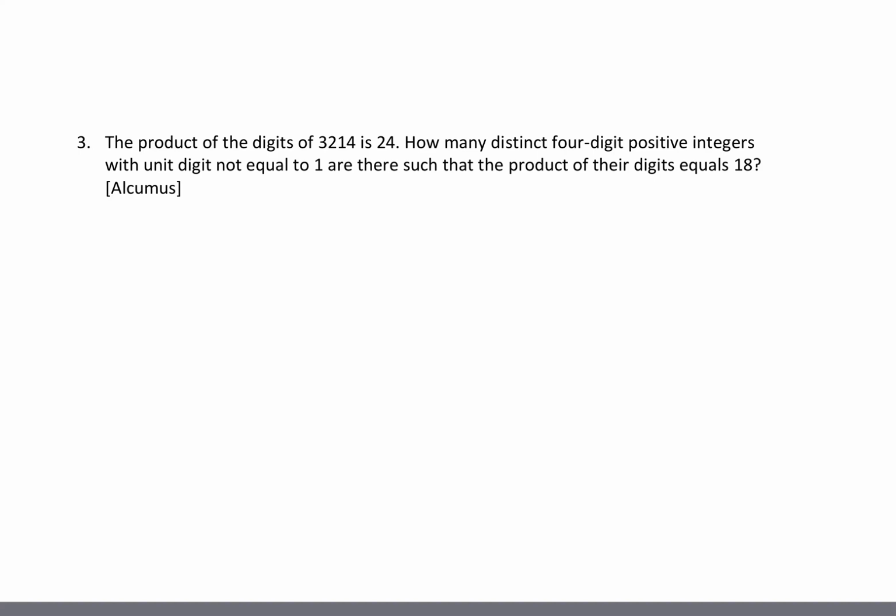Okay, so we can start now. So first, let's take the prime factorization of 18. And this is equal to 3 squared times 2, right?